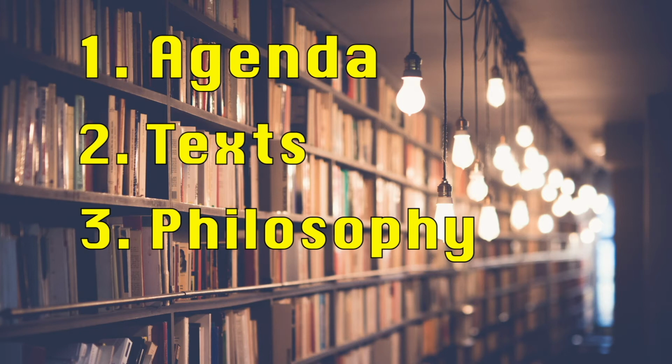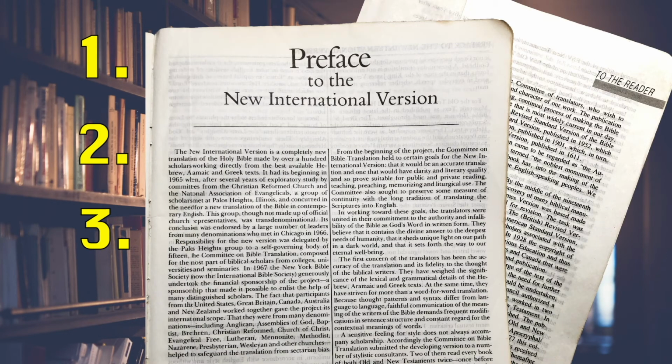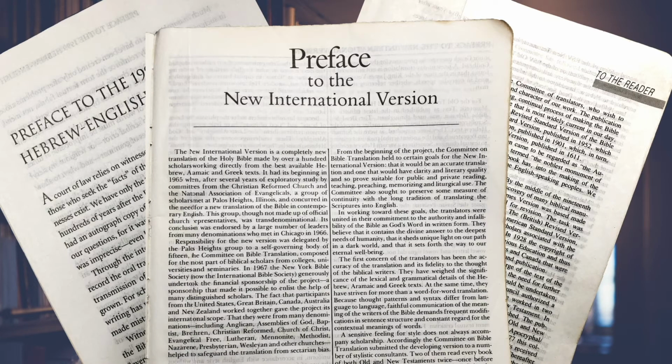And most English versions of the Bible will actually be upfront with you about each of those three. Literally upfront. It's in the front of the Bible. You can read the introduction or preface to these different versions, and they'll tell you exactly who did the translation, what they were trying to accomplish, what their approach is, and normally what texts they used.